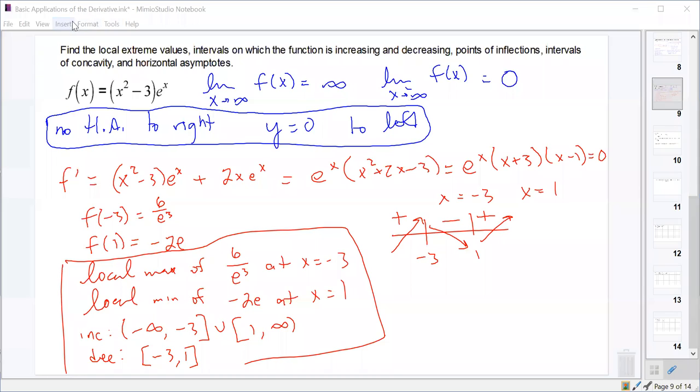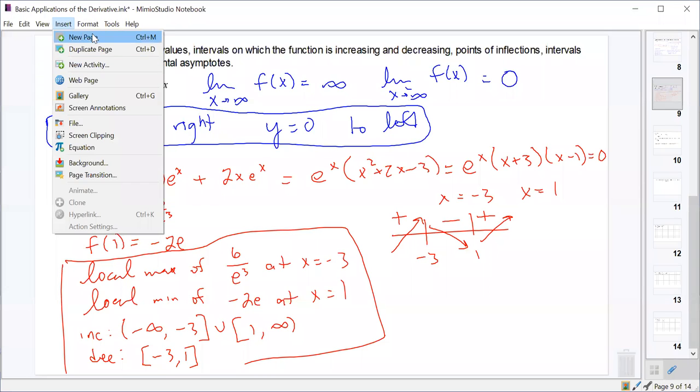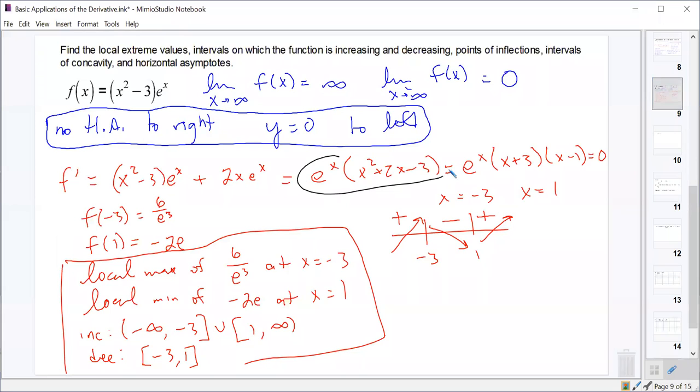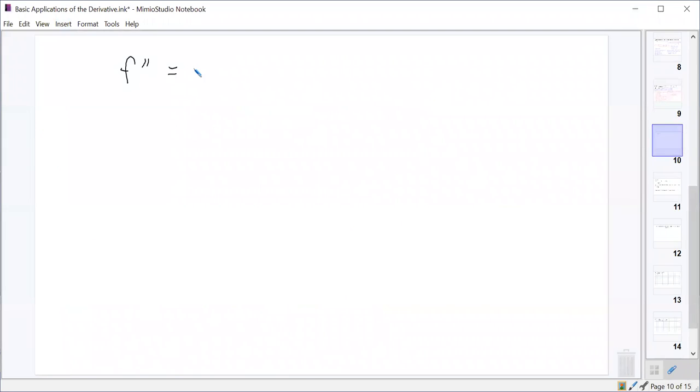Yep. All right. And then our second derivative will tell us about the concavity. And that's the derivative of this, right? So that ought to be e to the x times the derivative of x squared plus 2x minus 3, so 2x plus 2, and then plus e to the x times the x squared plus 2x minus 3.